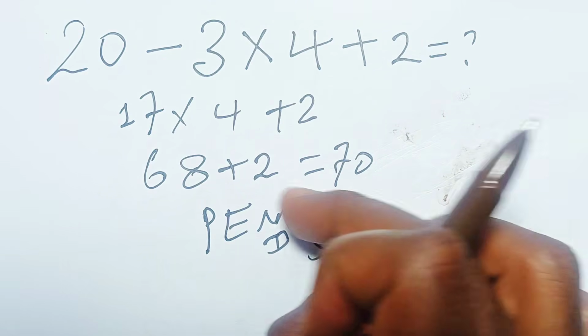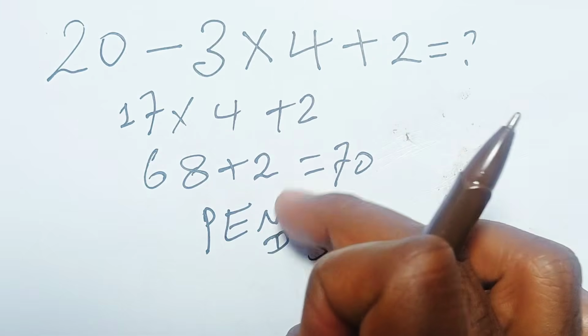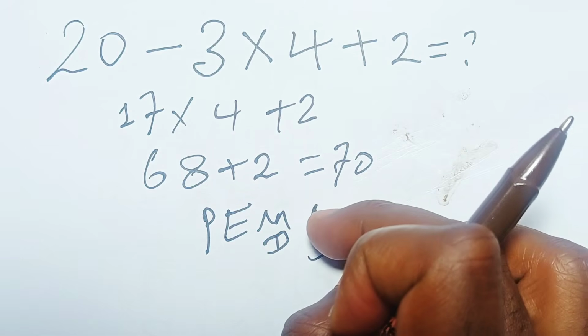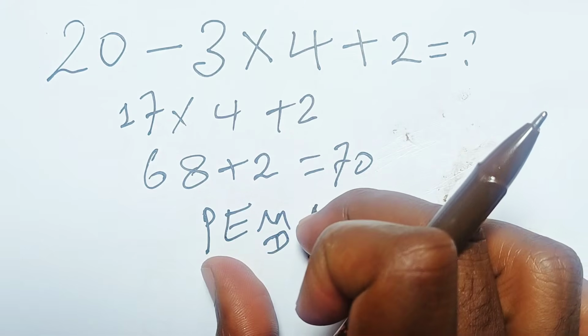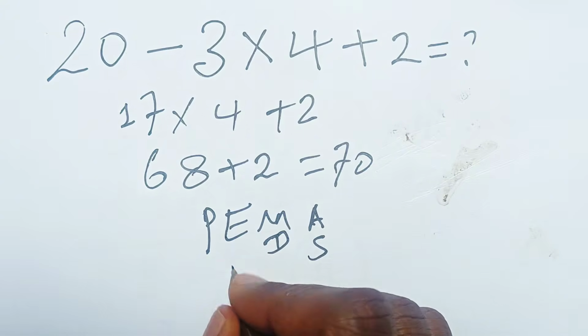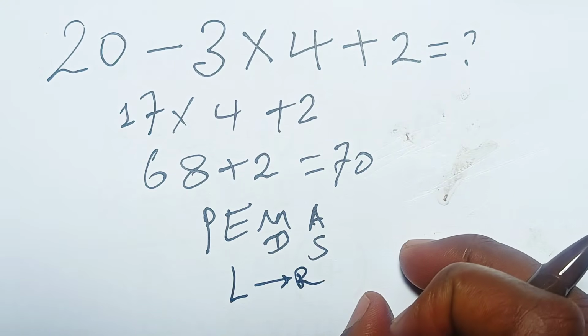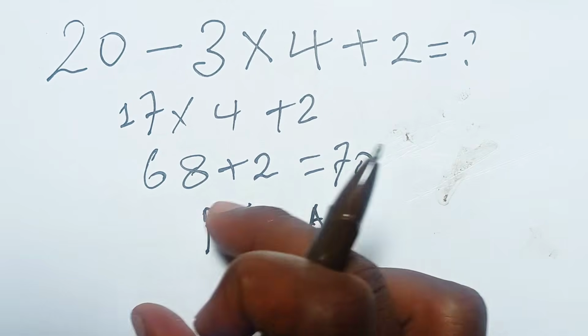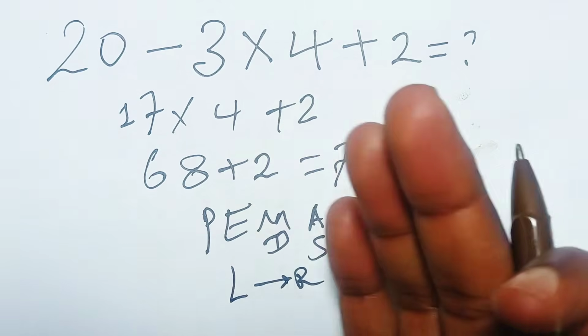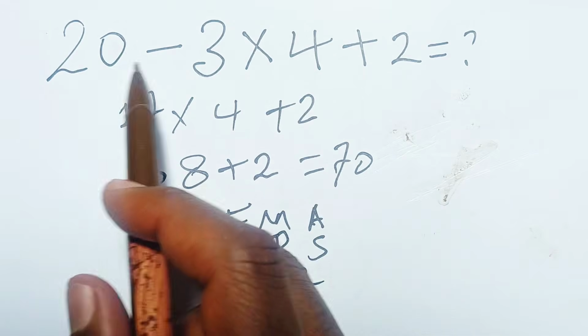In the order of operations, multiplication and division have the same priority, and the same is true for addition and subtraction, but we have to work them from left to right. So based on this rule, let's solve the question.